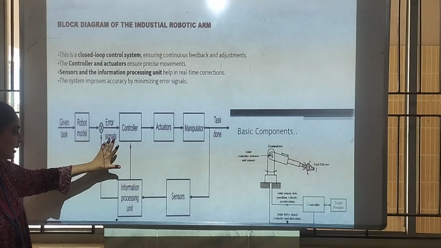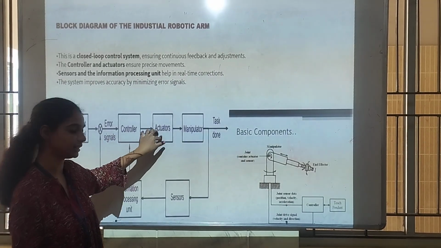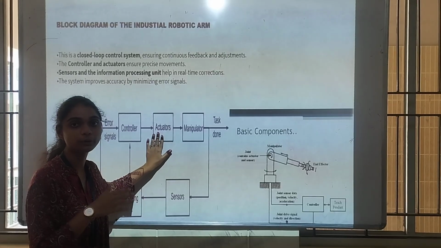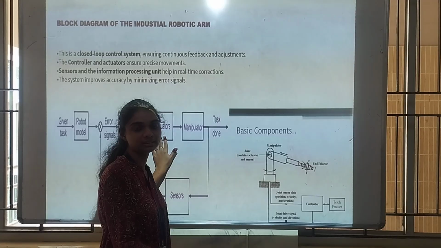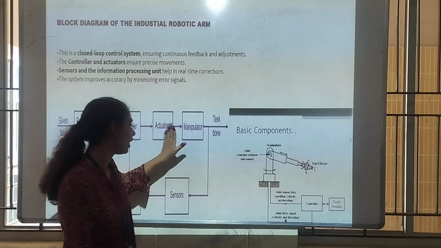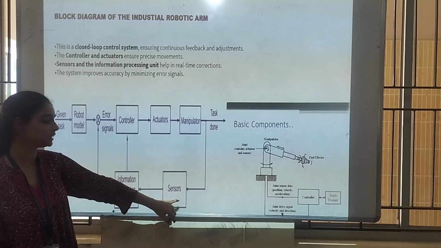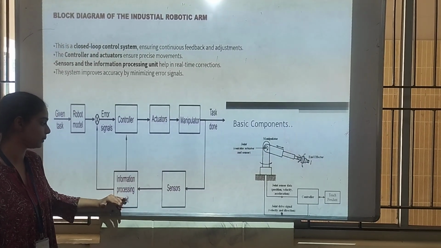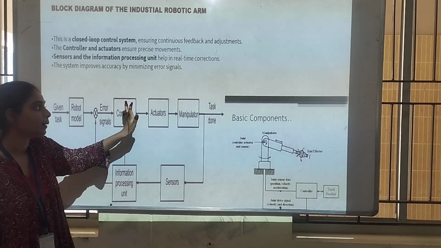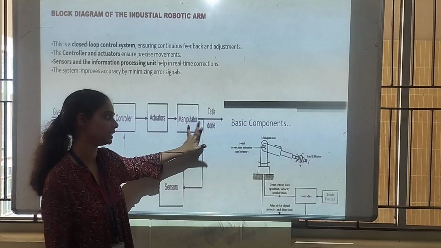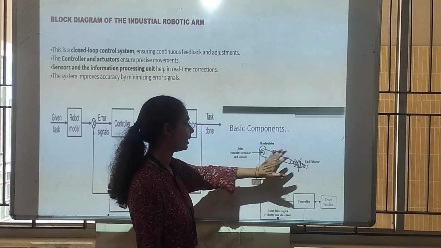It produces a signal that moves to the controller and actuators, which convert the real-time signal into a digital signal, and the digital signal into a real-time signal. The sensor gives information to the information processing unit, which passes it to the controller, and the controller moves to the task and the task achievement. Here is the real-time visual of the robotic arm.